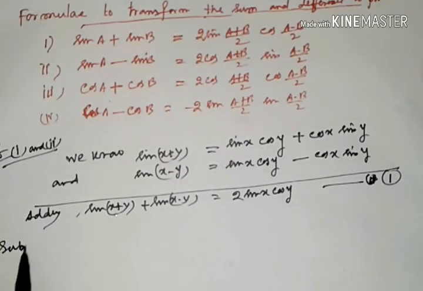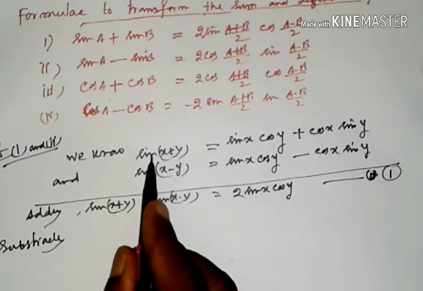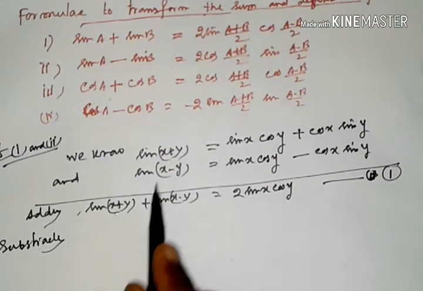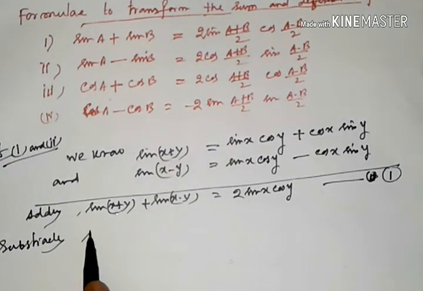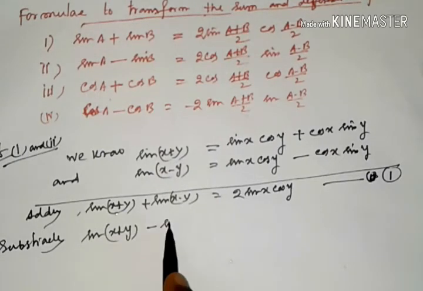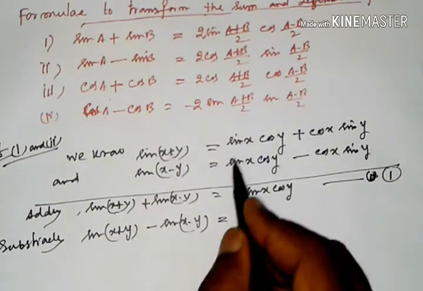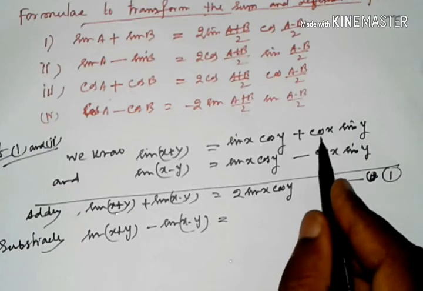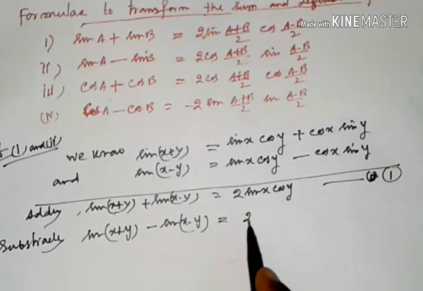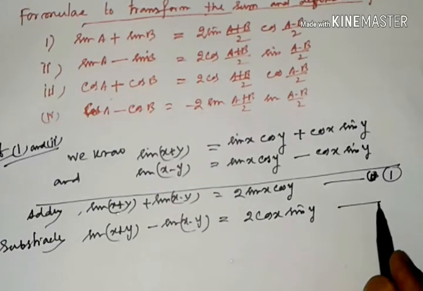Subtracting this from this, we get sin x plus y minus sin x minus y is equal to, these are cancelled, subtracting, and this will be plus. Therefore, it is 2 cos x sin y. You can mark it as 2.